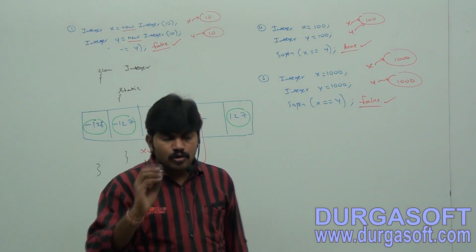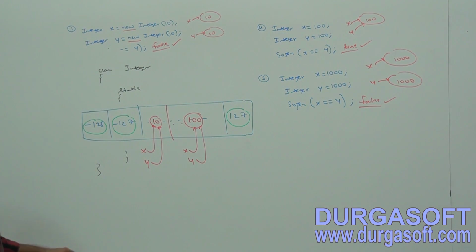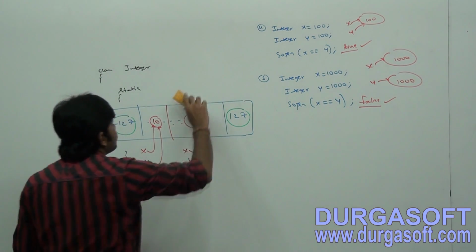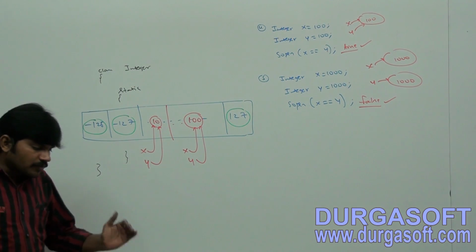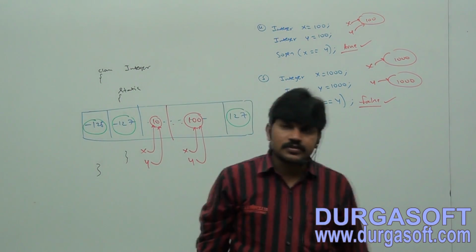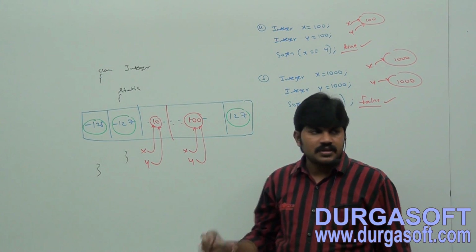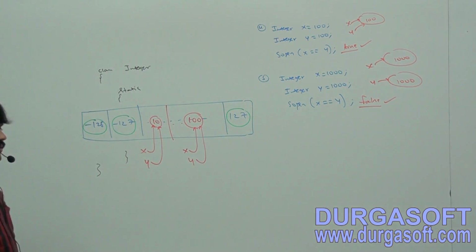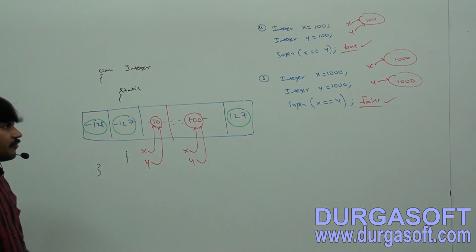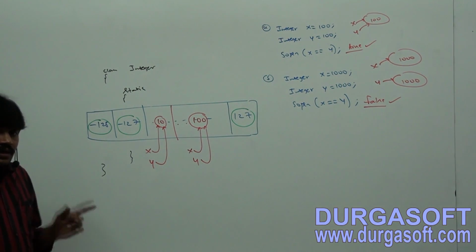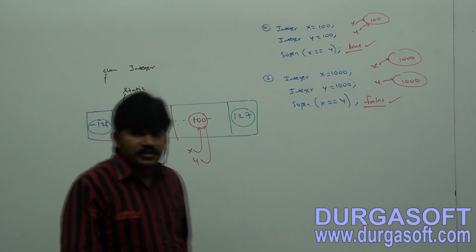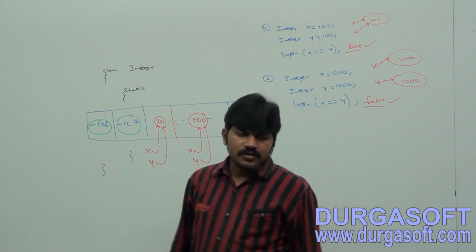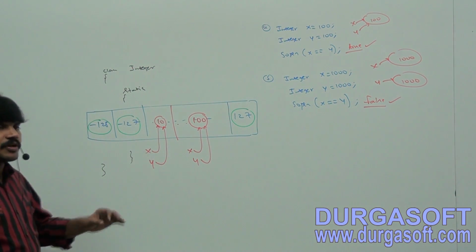Next, by autoboxing, if an object is required to be created, first the JVM will check whether this object is already present in the buffer or not.